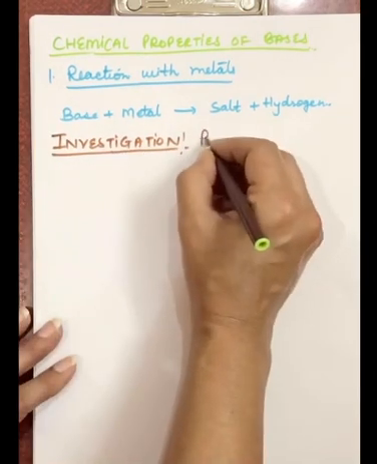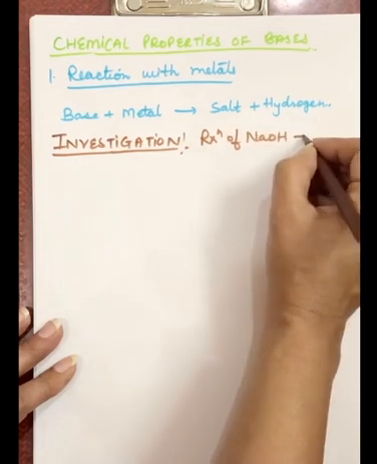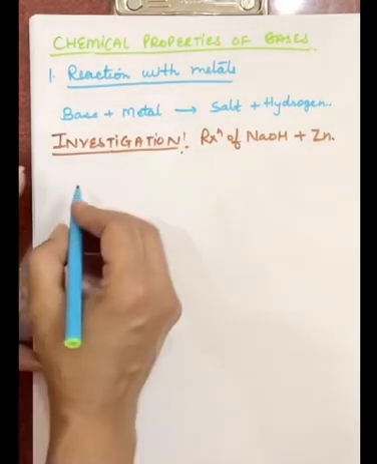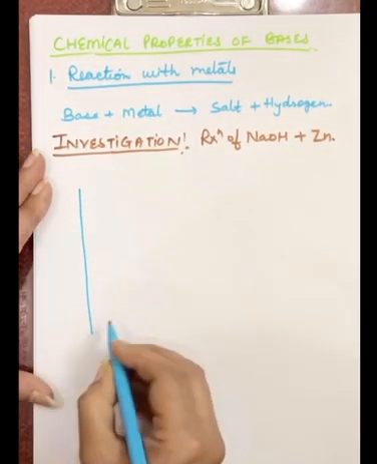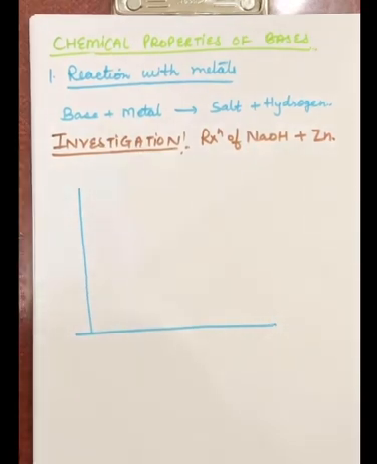So we are taking the reaction of sodium hydroxide with zinc metal. The activity here is, we are taking a stand, then a test tube.